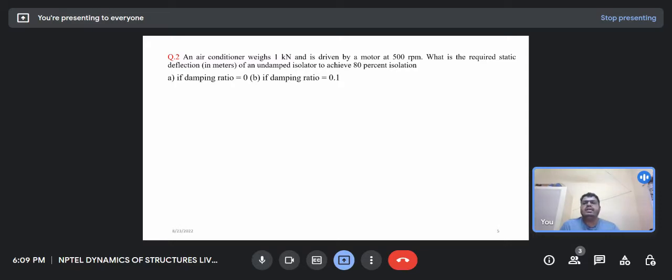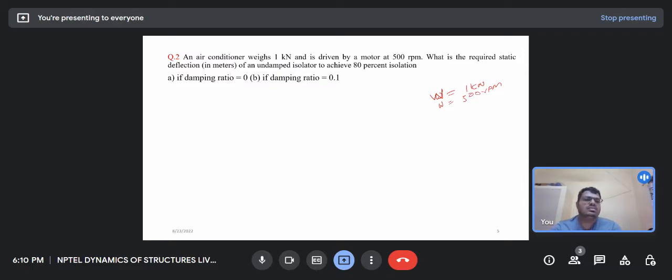In this question, an air conditioner of weight 1 kilonewton is given to you, and it is driven by a motor at 500 rpm. So you have weight W equal to 1 kilonewton, which you can convert to mass, and omega is given to you as 500 rpm. What is the required static deflection of the undamped isolator to achieve 80%?